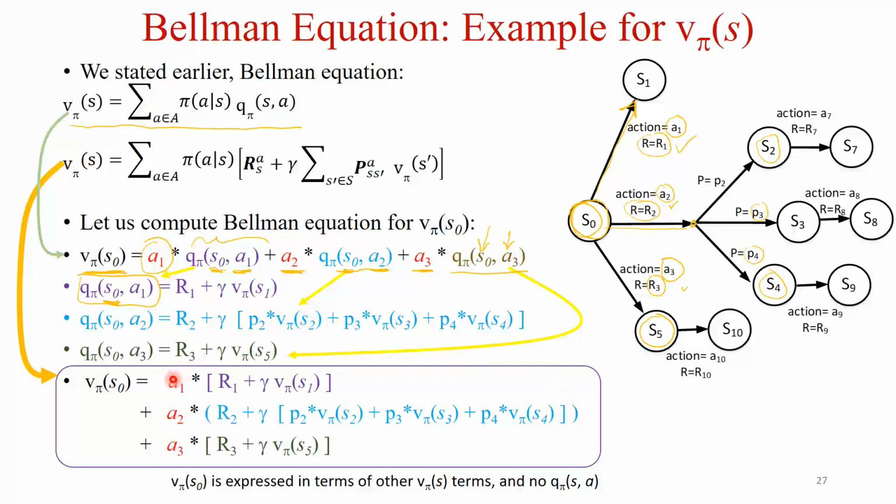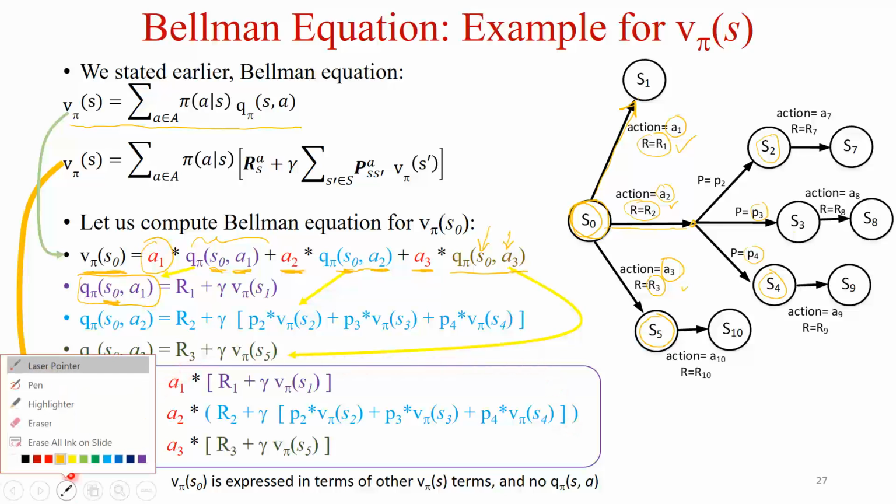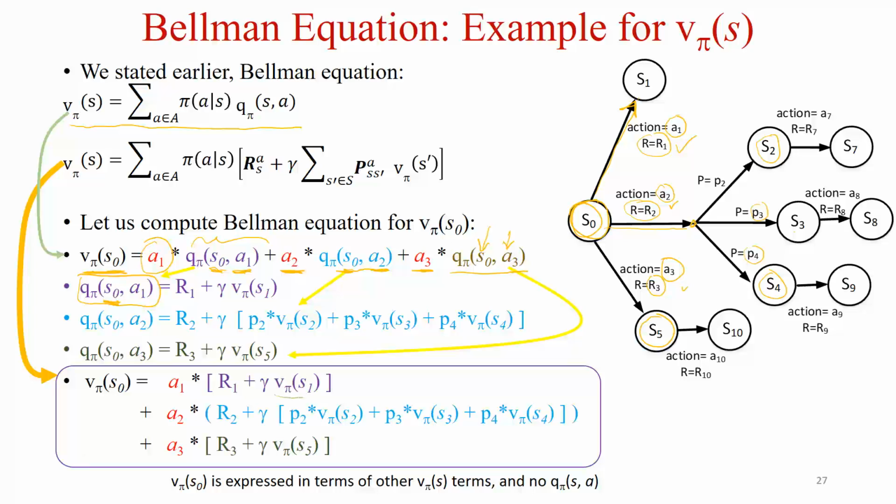What is interesting about this expression is that it only expresses the state value of S0 in terms of the state values of other states, no actions at all, because I replaced the actions with these functions. And that enables me to solve this linear system.